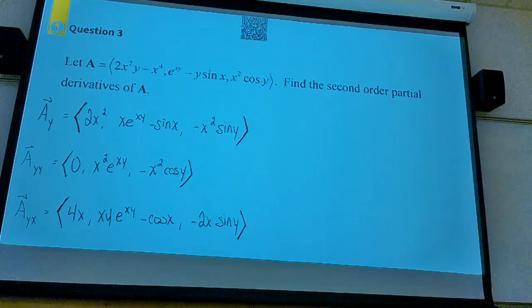Now, something to point out here. How many dimensions is this vector field? Three. It's three-dimensional, but how many variables are there? Only two. So this is a three-dimensional vector field. However, the direction in which it points does not depend on z.